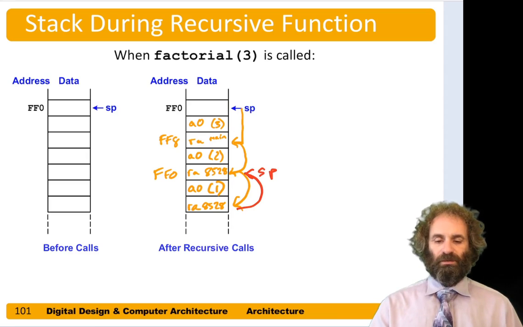Factorial of 2 will pull off its value of n of 2, multiply it by the 1, put its answer as 2, and return to the address that was here. Bring the stack pointer back up. And now we're in factorial of 3 again, which will multiply its n of 3, recovered from the stack, times the 2, returned by factorial of 2, to get an answer of 6, and we pull off its return address so it can return to main when it's done, and before it does that, it'll bring the stack pointer back up to FF0 where we began.